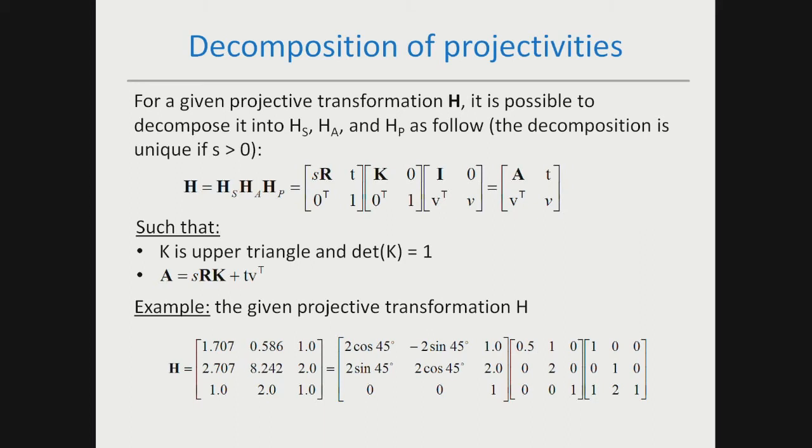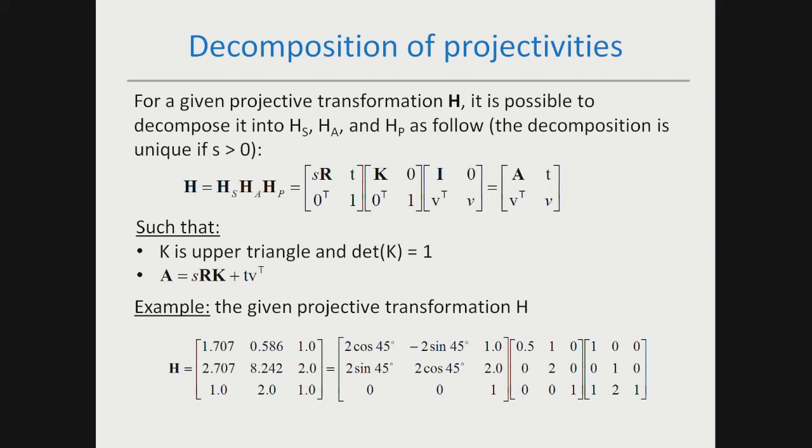The second one will give us a K. We don't have translation here because the translation is taken into the first one. But this reminds us of the affine transformation, yes? Because K is in general a unitary matrix. And this complies with the part of the projective, because this entry is 0 and this entry is 0.